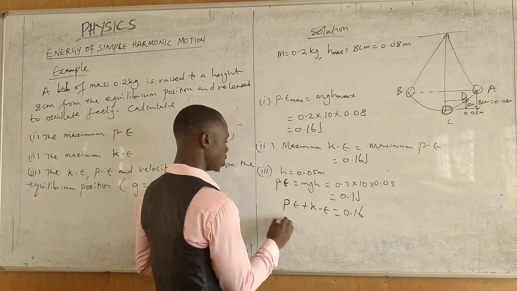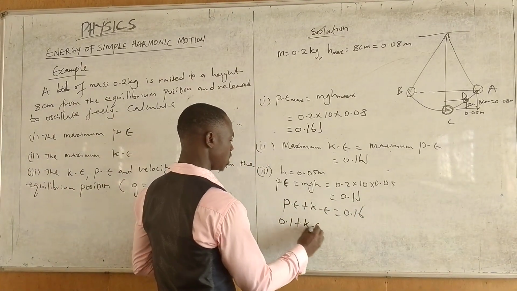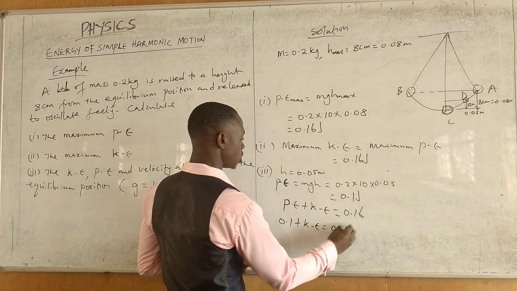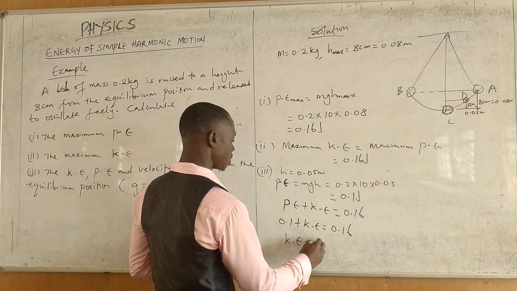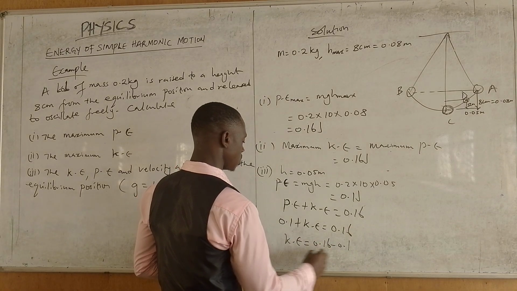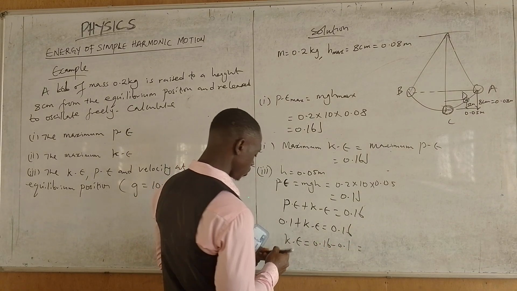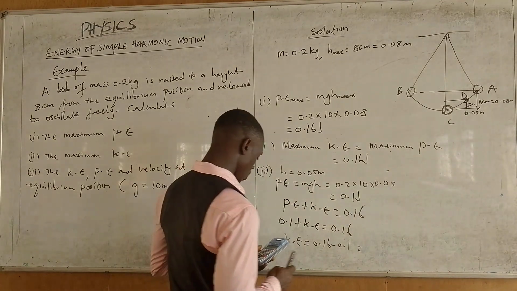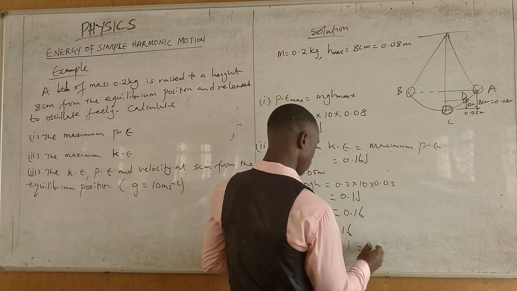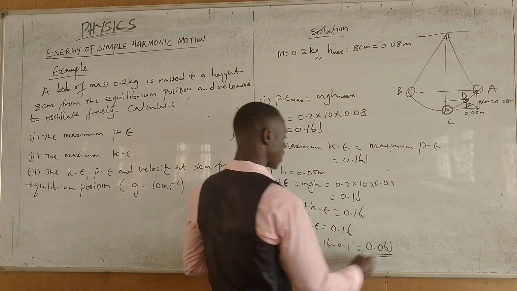So 0.1 plus KE equals 0.16. Making KE the subject, 0.16 minus 0.1 is 0.06 joule. So that's our KE there.